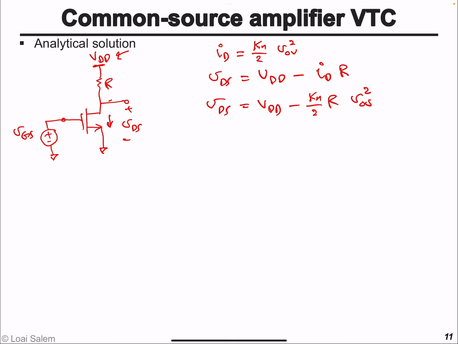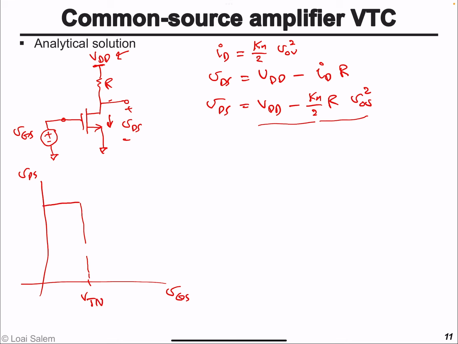And as you can see, if we sketch the voltage transfer characteristics, we said initially the transistor is off, so VDS is equal to VDD. And then once it conducts, we have this equation, which is basically a quadratic curve going downward, starting from VDD, and of course we only take this side.